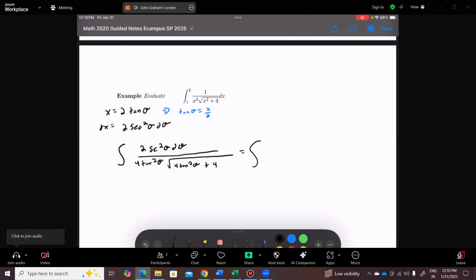Right, so we can reduce some. I'm going to pull it out too. We'll have a 1/2 out front, the 2 and the 4 become 1/2. And so we'll have secant squared theta on the top d theta, and then tangent squared theta times the square root, and I can pull the 4 out of there, so we have tangent squared plus 1.